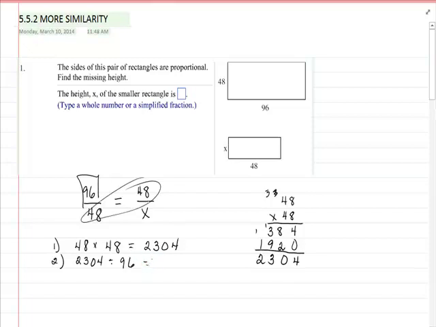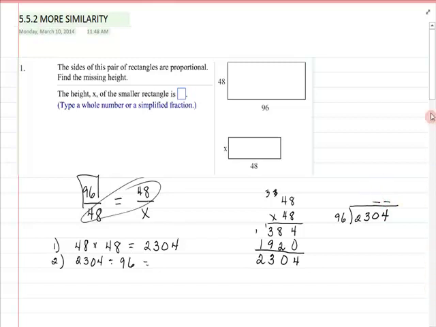All right, so I will take 96 and divide it into 2304. My instructions say to type a whole number or a simplified fraction. So my hope is that it will end up being a whole number. All right, 96 does not go into 2. It doesn't go into 23. It does go into 230, so that's where my answer starts.